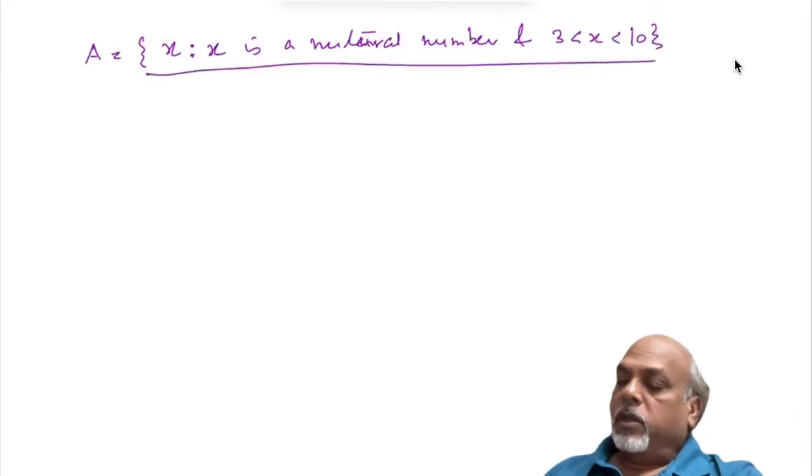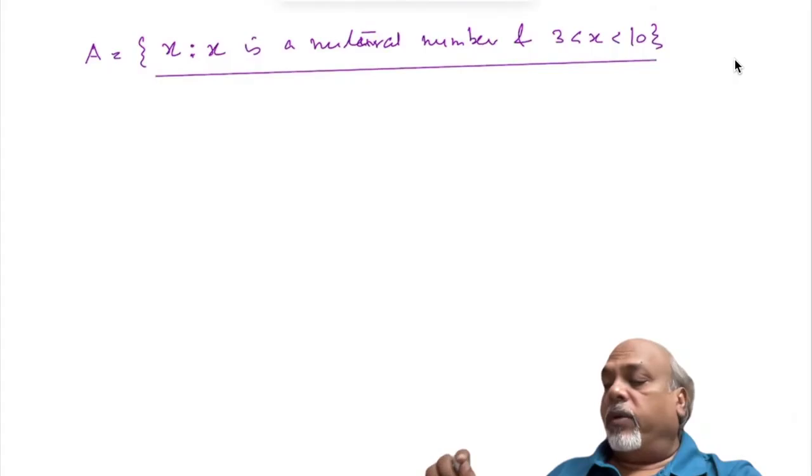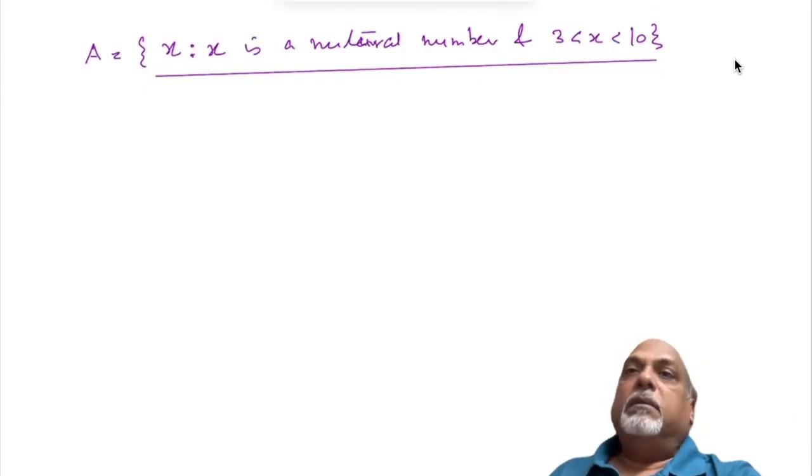So it means A is the set of all x where x is a natural number, and x should also be in between 3 and 10. Correct? So what will be these numbers?